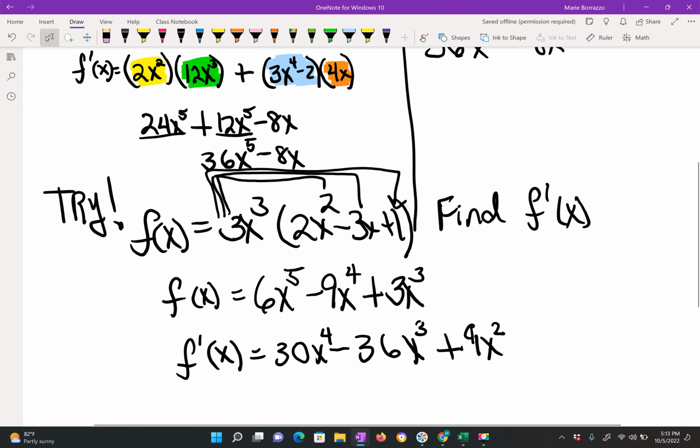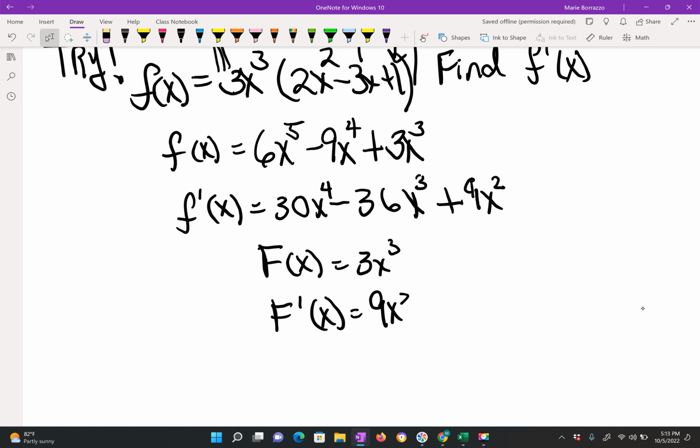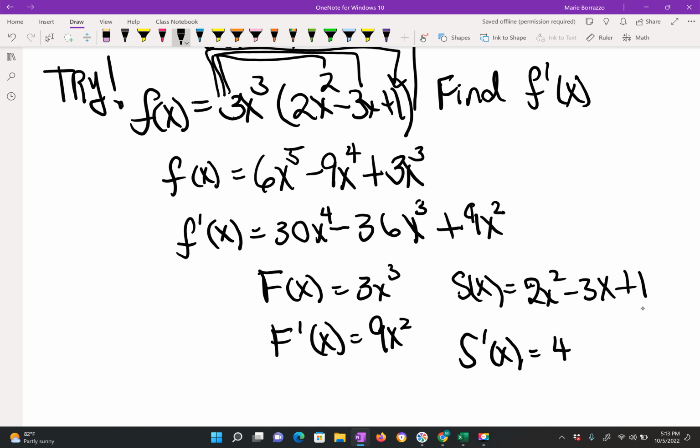All right, so that's doing it the short way. Doing it the long way, again, we start with f of x is equal to 3x cubed. Its derivative is 9x squared, correct? And then s of x, well, that's going to be our original 2x squared minus 3x plus 1. And its derivative is simply going to be 4x squared minus 3.